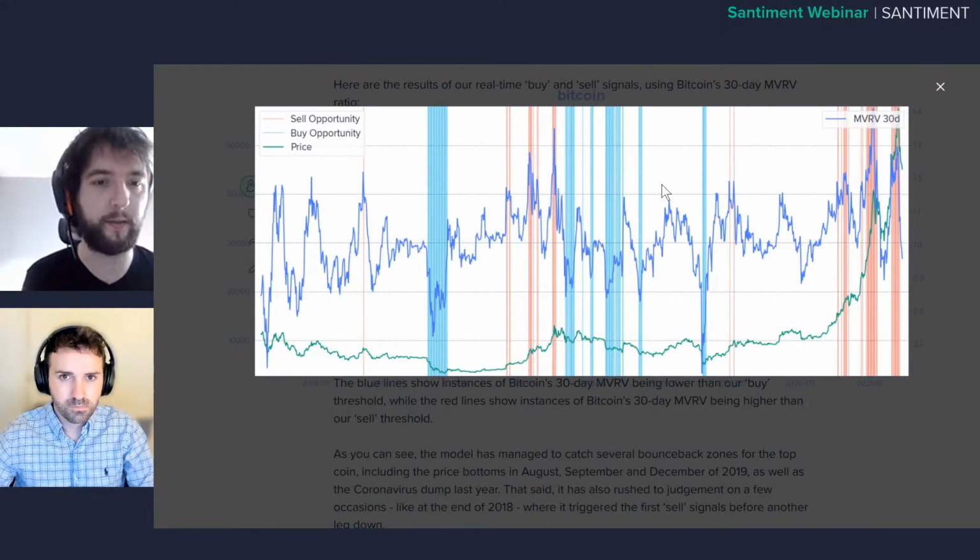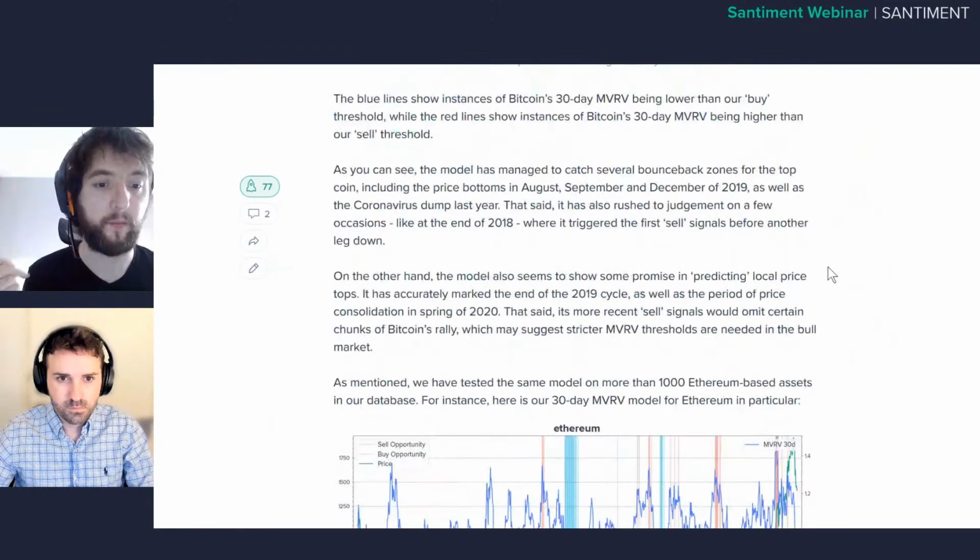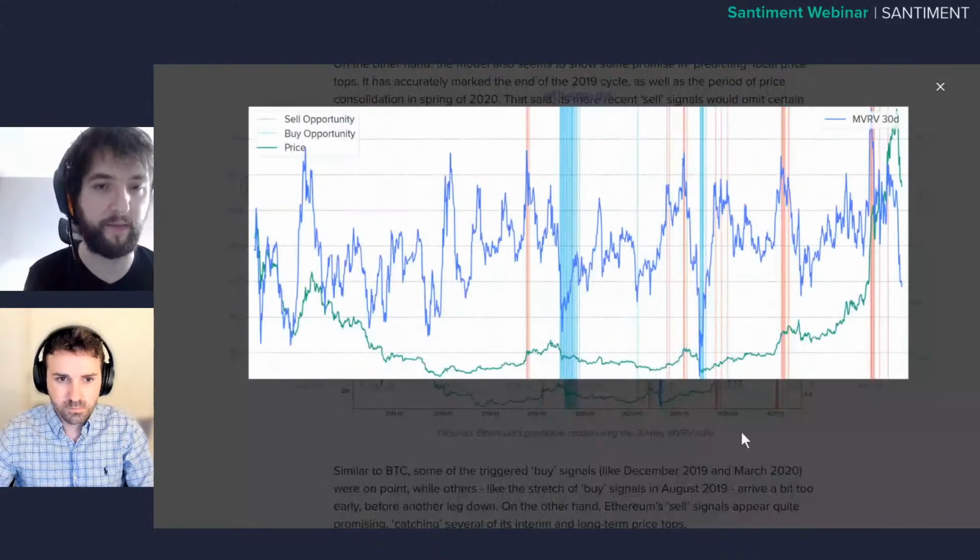In general, there definitely seems to be some alpha in figuring out whether we are over or undervalued according to Bitcoin's or a particular coin's MVRV. This is Ethereum's 30-day MVRV and the real-time signals that we built using Ethereum's historical data.